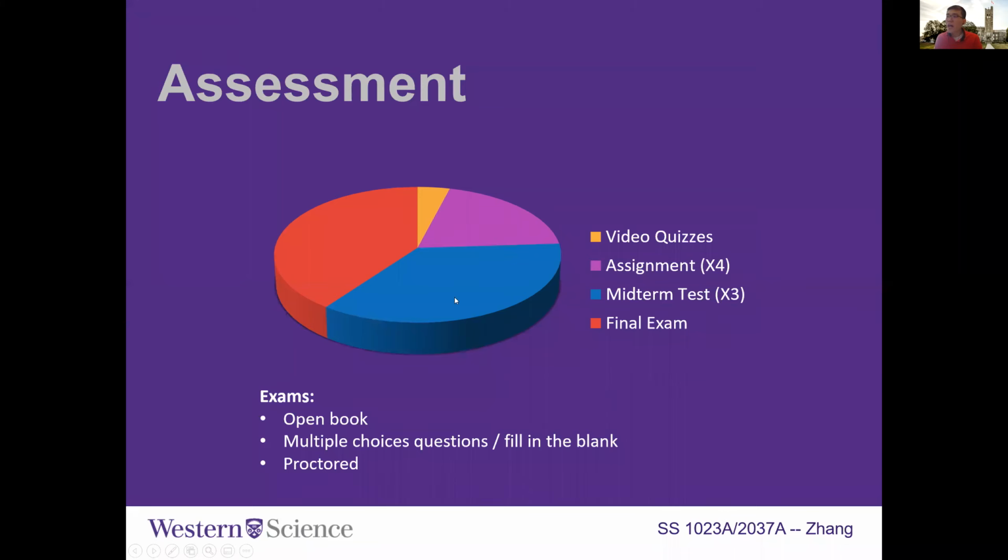Okay, then I will talk about the midterms and the final exam. We have 3 midterms, and right now we are not sure about the details of how exactly they will take place. But right now our plan is like this. The first 2 midterms will be held in a very flexible way.